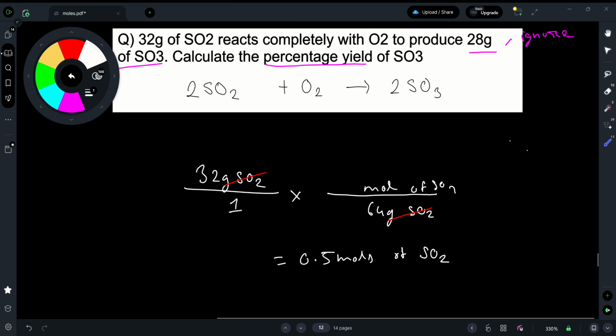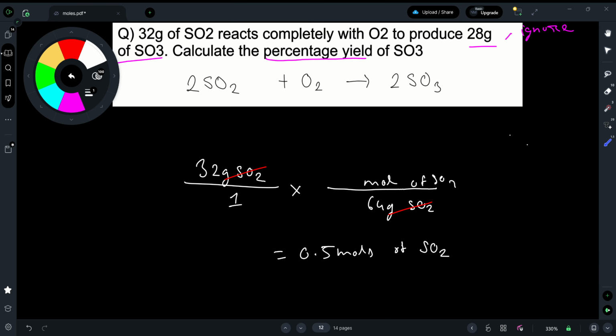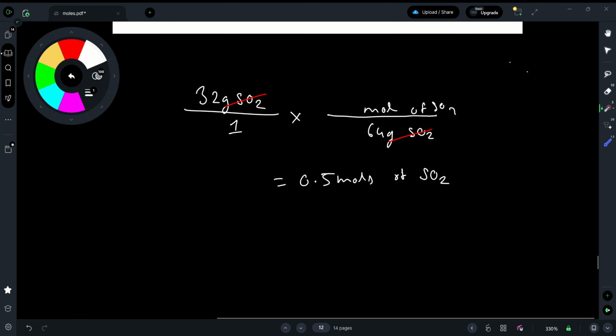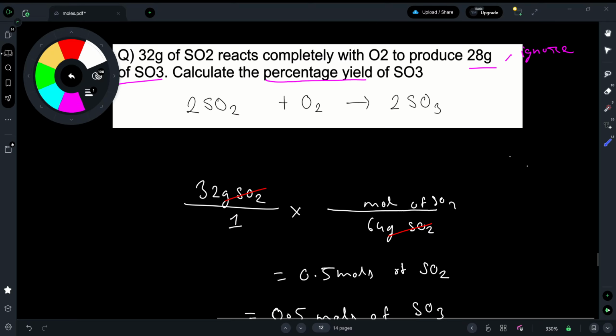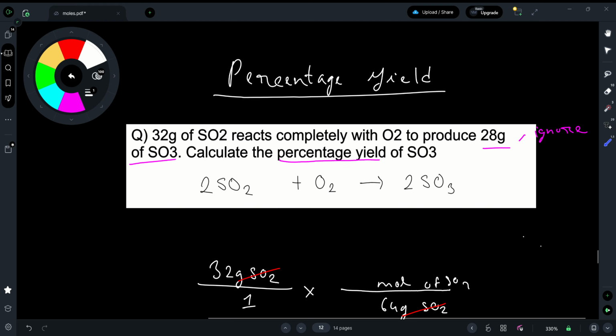And now let's look at our ratio. We have 2 is to 2. So for 2 molecules of sulfur dioxide, you get 2 molecules of sulfur trioxide. So 2 moles, you get 2 moles. So I'm just going to write 0.5 moles of SO3.